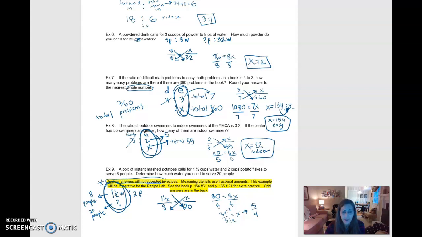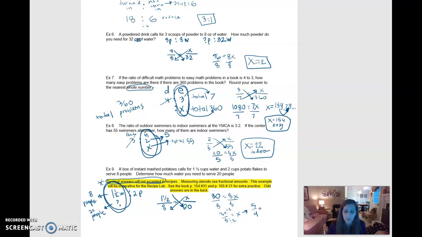If you cook, you've never seen a recipe book that told you to put 0.25 cups of flour or 0.5 cups of milk. Measuring cups are measured in fractional amounts. So we need to convert this to a fraction. Right now it is a fraction, but it's an improper fraction. We need to convert it to a mixed number.